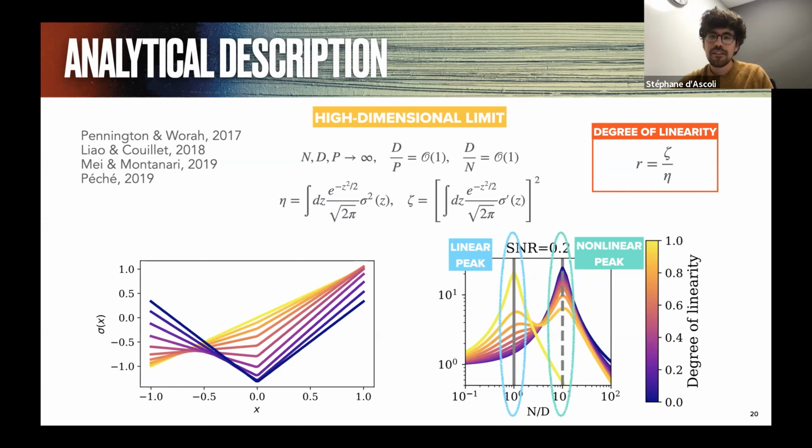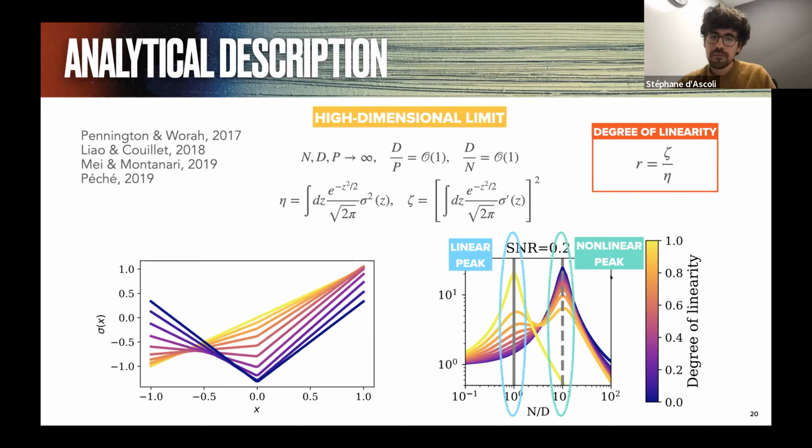And it turns out that in the high dimensional limit, the nonlinear activation function becomes described only by two parameters, which are denoted here as eta and zeta, the ratio of which defines a degree of linearity of our problem. So here we can vary it between 0 and 1, for example, by going from absolute value in blue to this linear function in yellow.